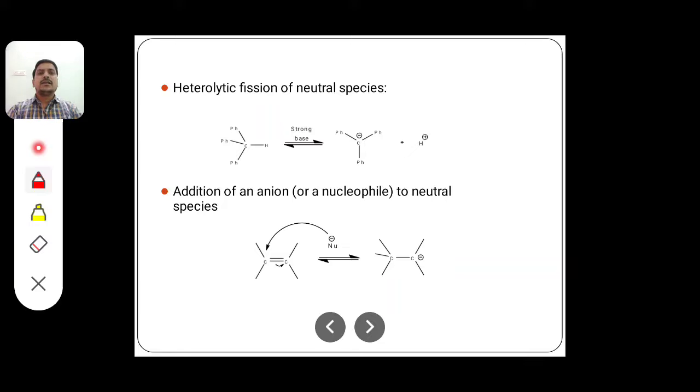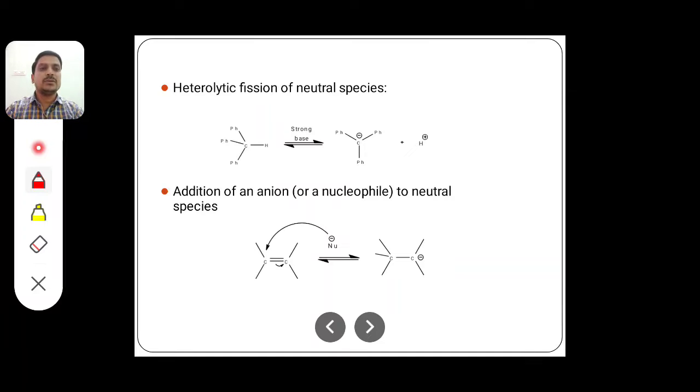Let us see in the next slide how carbanions can be prepared. Methods of preparation of carbanion. The first method mentioned here is of course heterolytic fission. Like in carbocation, we have seen carbocation can be generated by heterolytic fission when one of the groups around carbon leaves along with the bonded electron pair, leaving behind a carbocation. In contrast, when one of the groups around the carbon leaves without the electron pair, leaving the electron pair on carbon, it generates a carbanion.